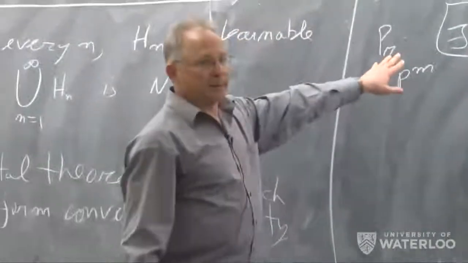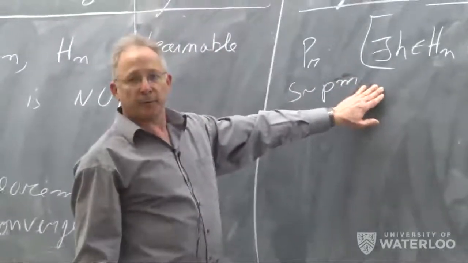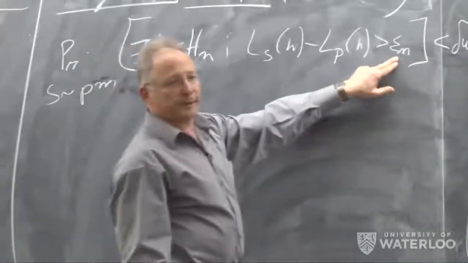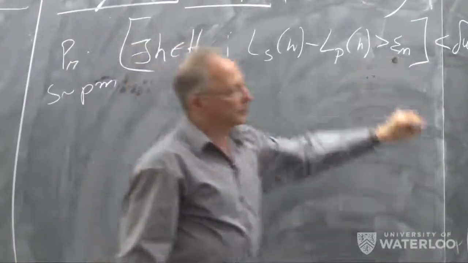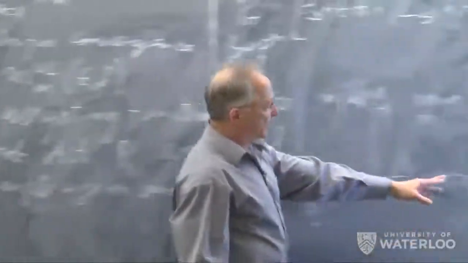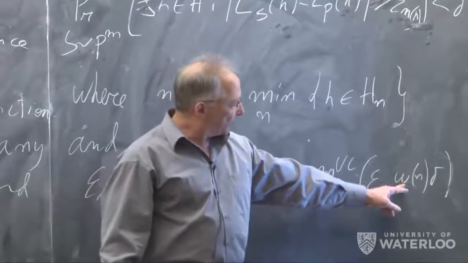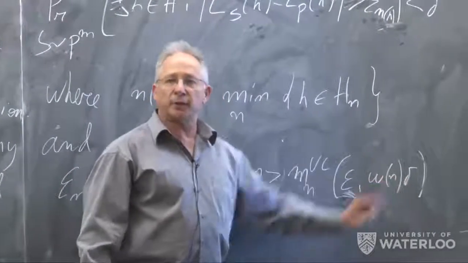So why is this claim true? This claim is just true by our choice of epsilon n. You see, epsilon n was chosen in such a way that with this sample size, I can achieve this epsilon n for delta equals Wn times the original delta.